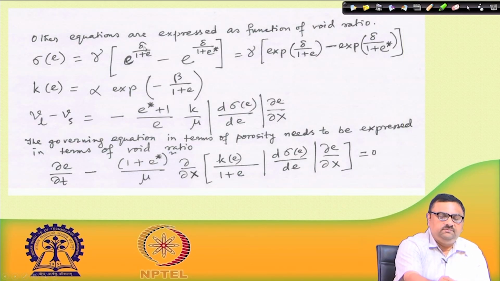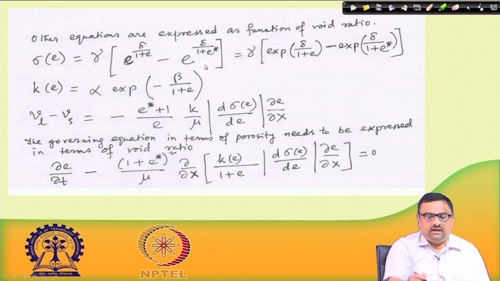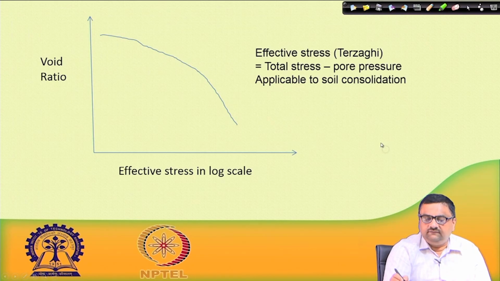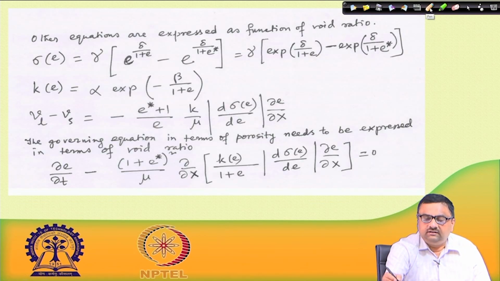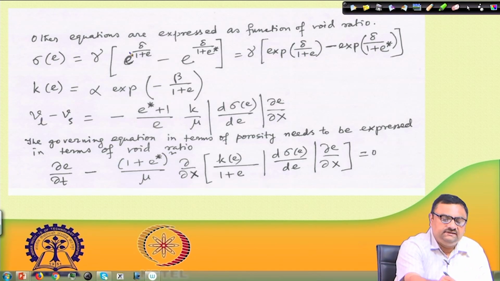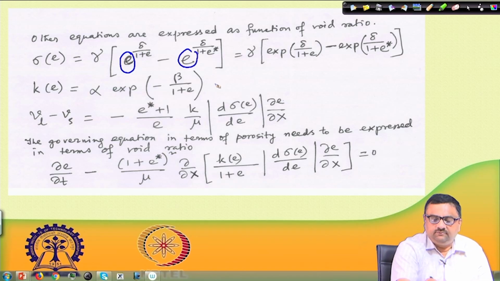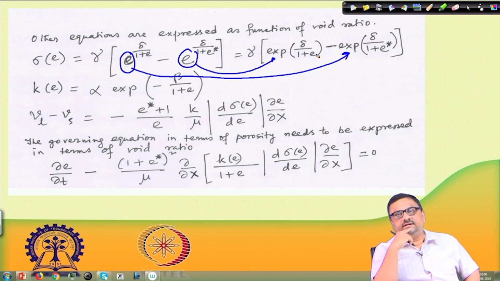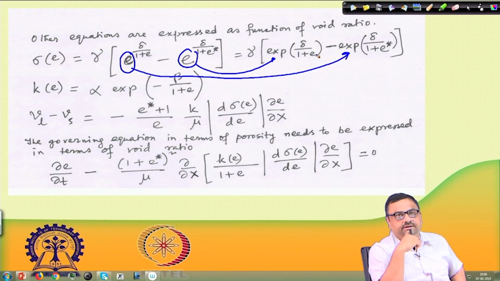So, instead of that, it will be E to the power delta by (1 plus e), and instead of delta u star, it will be delta by (1 plus e star). Okay. And this small e is the void ratio, and this capital E is the exponential. So, to differentiate it, I had pointed out that this E is to be read as exponential and not to confuse with this small e, which is the void ratio.